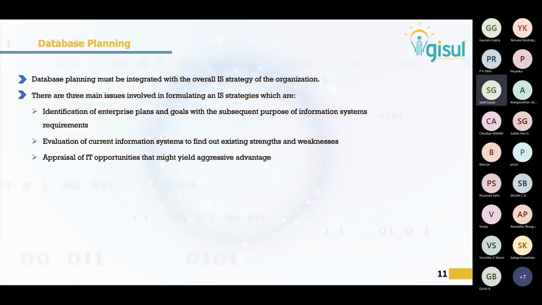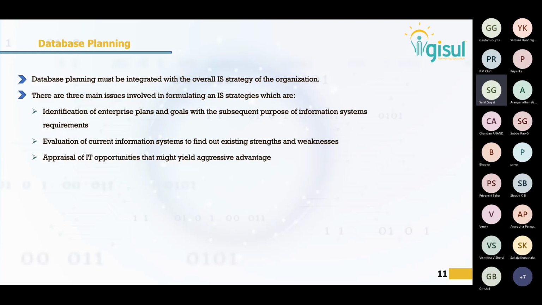we are saying that identification of enterprise plan. So this database development, what we are talking about, we are discussing from the perspective of a large enterprise or a medium enterprise or a small scale enterprise, basically from the enterprise perspective. So enterprise can have different meanings.